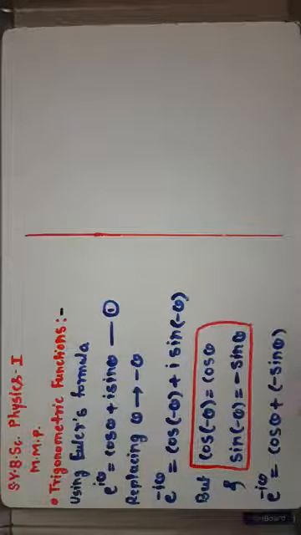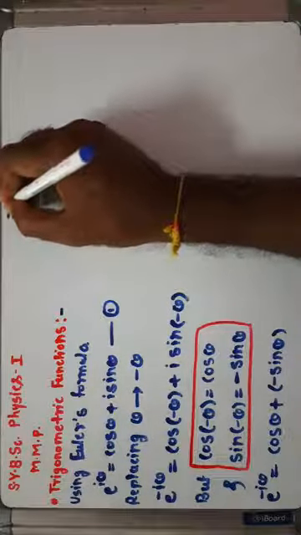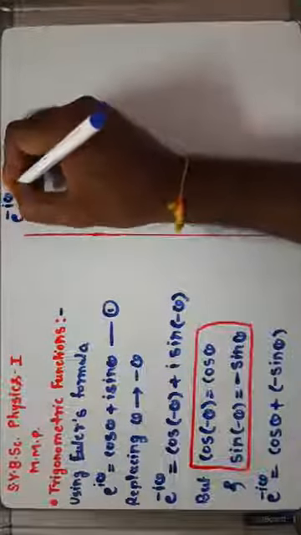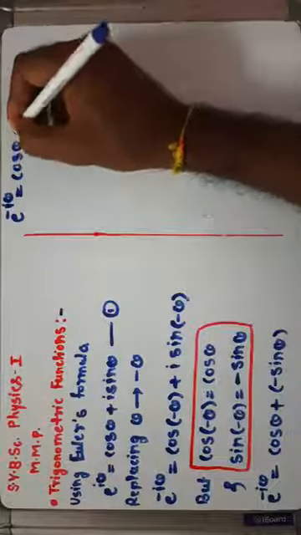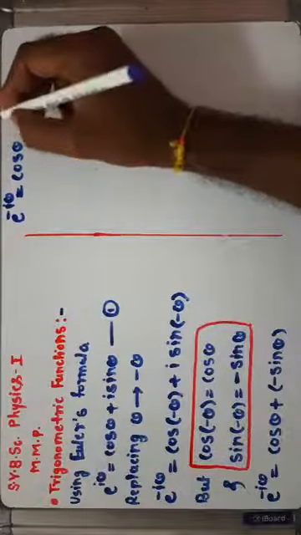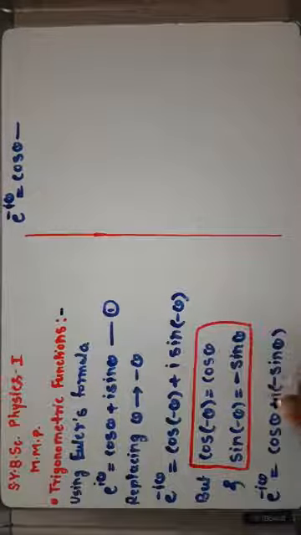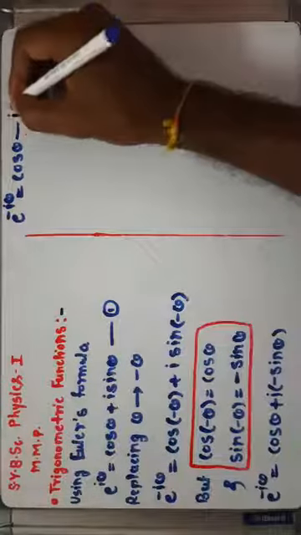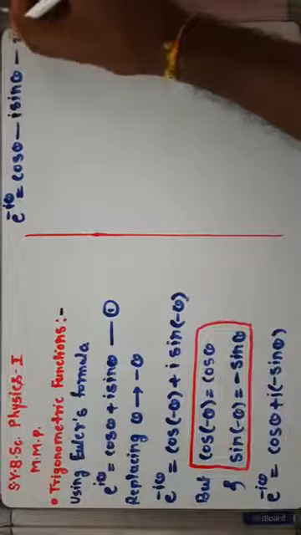That plus minus means minus. That means e raised to minus i theta is equal to cos theta minus i sin theta. This is equation number 2.